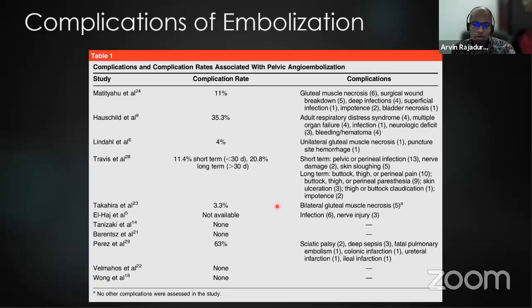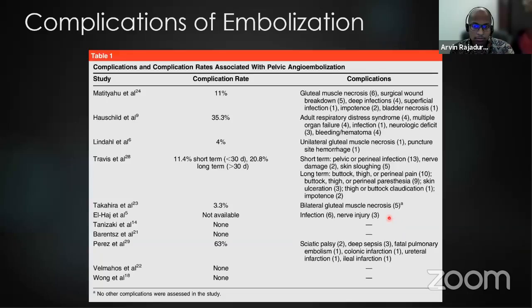The most common, of course, is bilateral gluteal muscle necrosis. Those intervention radiologists who do internal iliac embolization for uterine artery, you know that you have experienced this. You sometimes have thigh and buttock claudication, and some impotence. So these are pretty common complications that you have to be aware of.